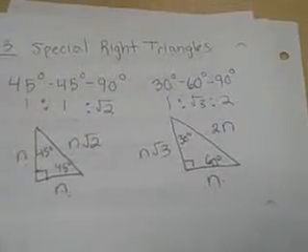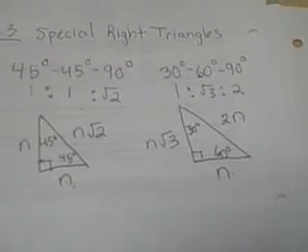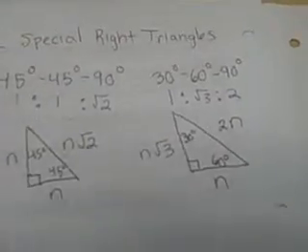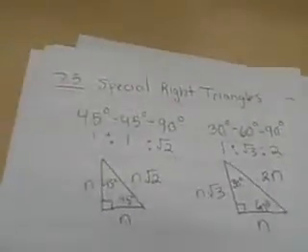Okay, let's look at some examples of how we use these triangles to help us solve for the sides. Here's our first example. We're going to take a look at 30-60-90 triangles first.